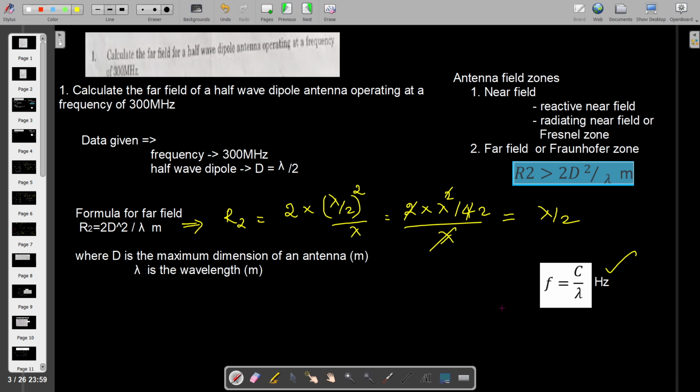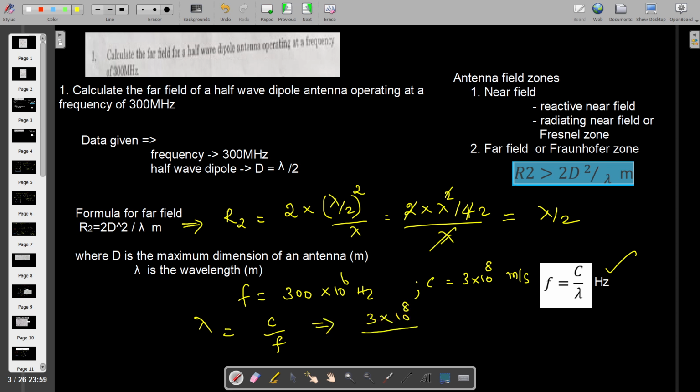Frequency is given as 300 megahertz, so I can put megahertz as 10 power 6 hertz. This is our given frequency, and we know that c is the speed of light, so it is 3 into 10 power 8 meters per second. I can calculate lambda as c by f, which is 3 into 10 power 8 meters per second divided by 3 into 10 power 8.